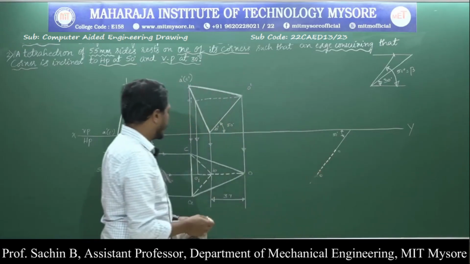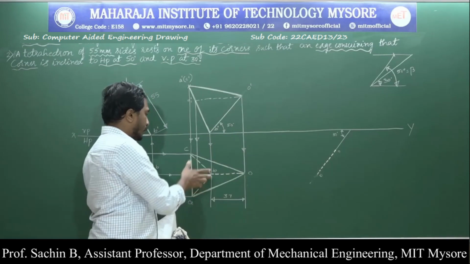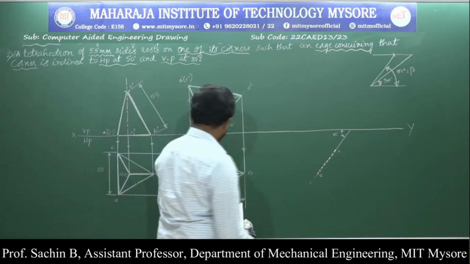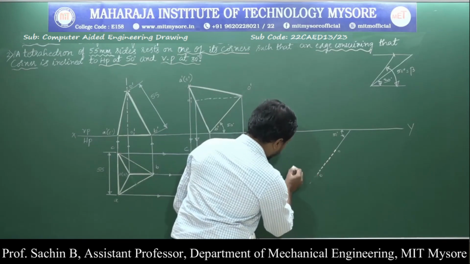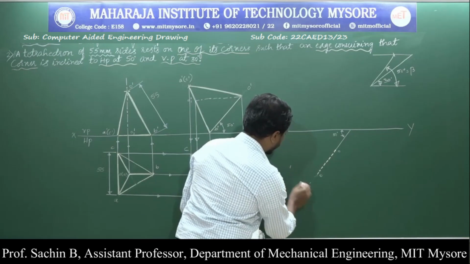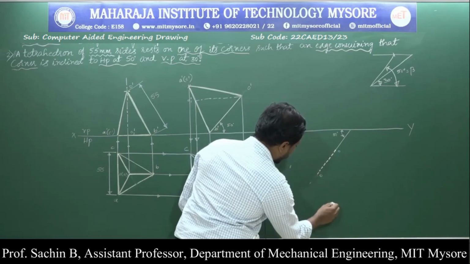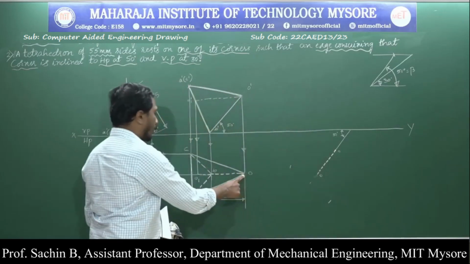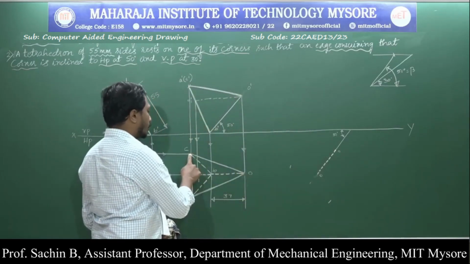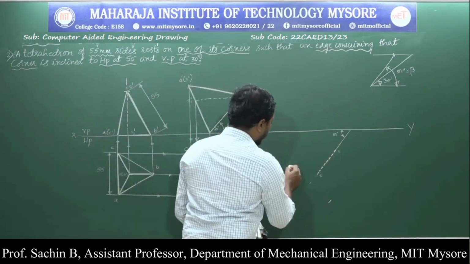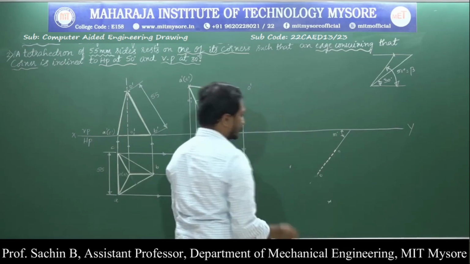Next, I will need the other corners. I will measure from B to C or from B to A. I will measure from B to C. I am going to cut an arc towards the upper side, towards the axis, and one more arc towards the downward side. Next, I will come to O point. I will measure from O to C or from O to A and cut an arc to this point and this point.